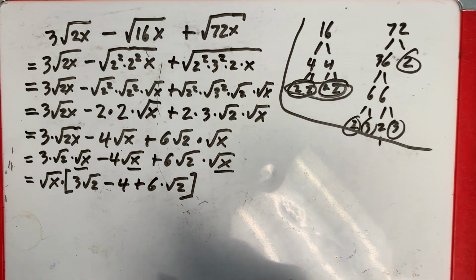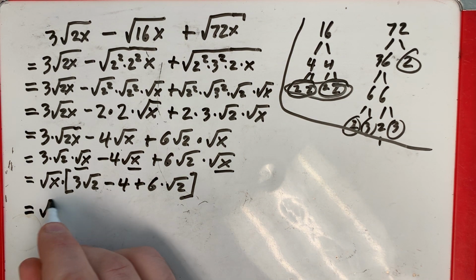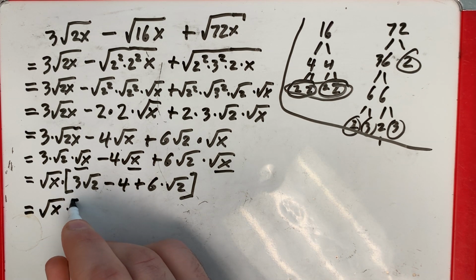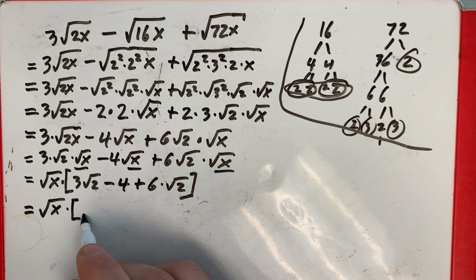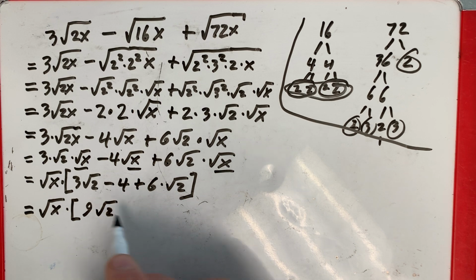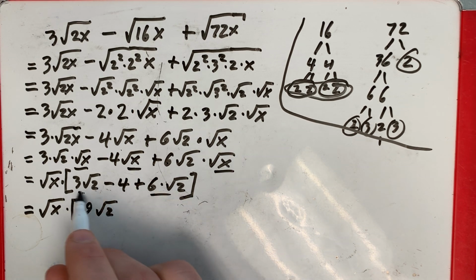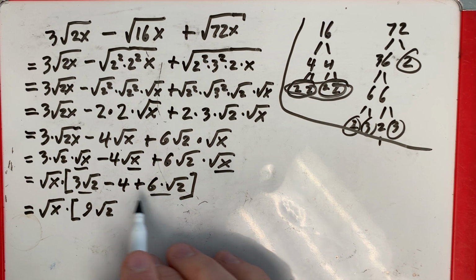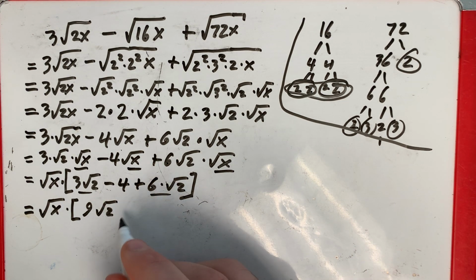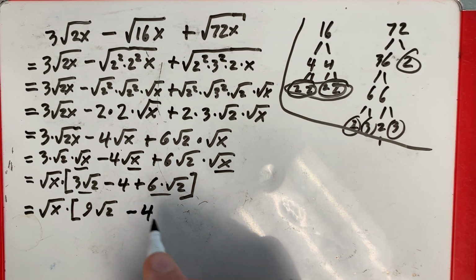The answer would be 9, so I'm basically going to combine like terms here. So I have 9 square root of 2, because I just combined this and this. That's all I did. I have 3 root 2's and I have 6 root 2's, so how many do I have in total? 9. That 4 didn't combine with anything because it doesn't have a root 2 attached to it.